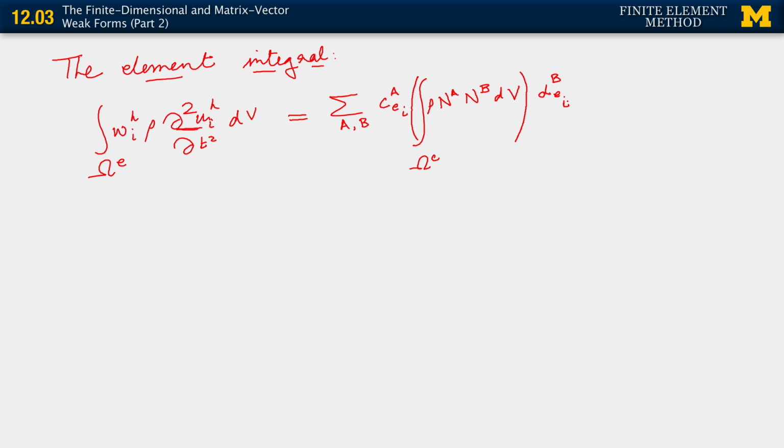Now the form that I have in parentheses on the right hand side, everything including the integral, is what we'd identified previously to be the AB component of the consistent mass matrix. The same thing happens here, except there is one thing we need to account for, which is that there is a sum over I here.